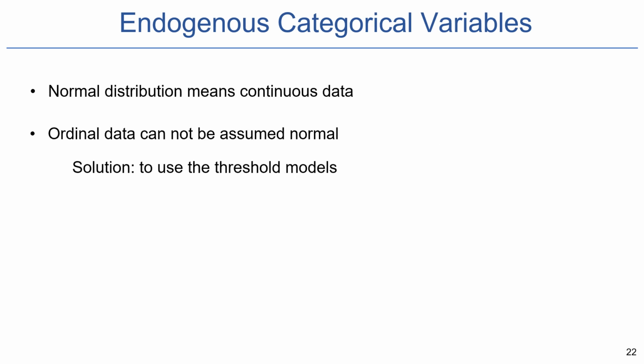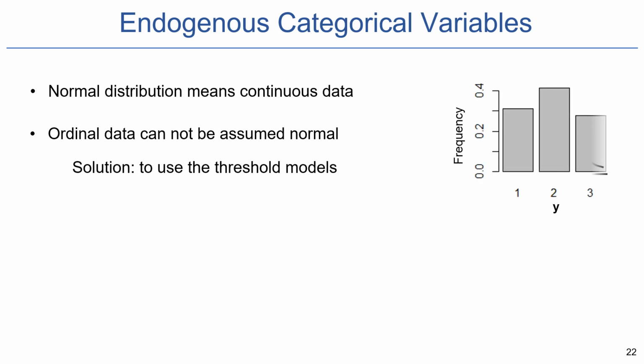First, let's talk about the procedure behind lavaan when it treats categorical data in the SEM. The covariance-based SEM assumes normal distribution, and normal distribution means continuous data. And ordinal or ordered categorical variables cannot be assumed normal. So the solution that lavaan uses is named the limited information approach, and it treats our endogenous categorical variable using thresholds.